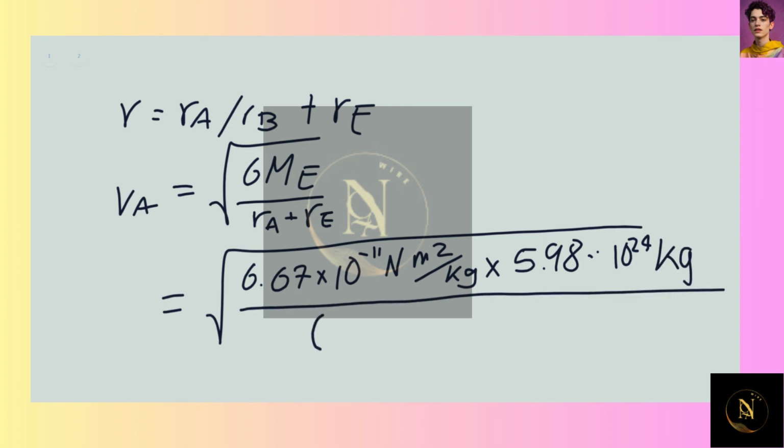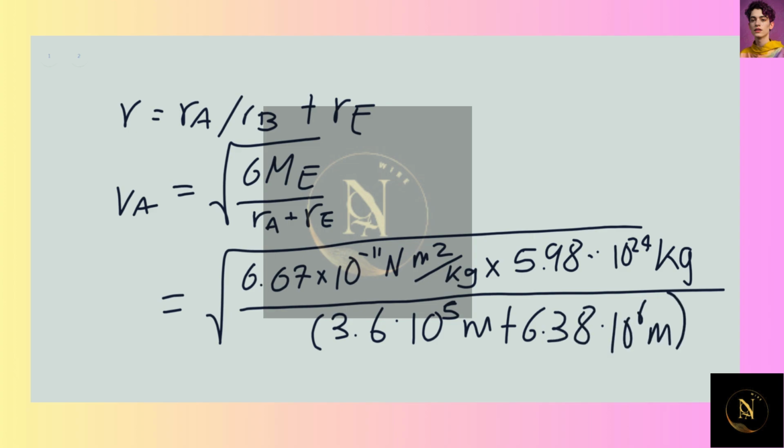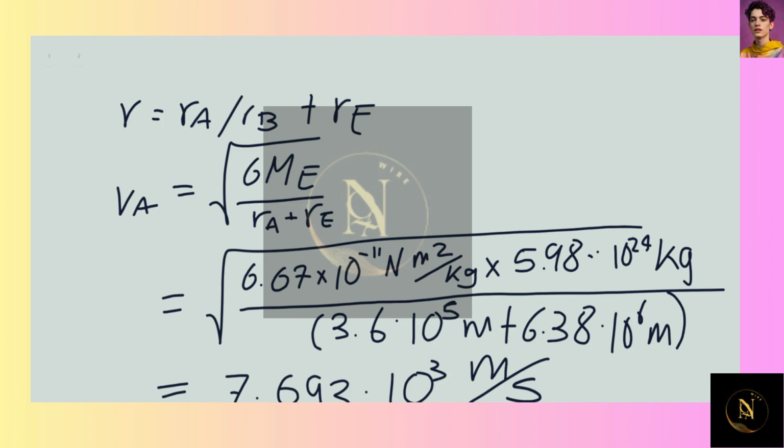And all of that is divided by our total radius, which is 3.6 times 10 to the 5th meters, which is our given radius, RA, but in meters, plus the radius of the Earth, which is 6.38 times 10 to the 6th meters. And that's also a quantity that's given in your textbook. When we plug into this, we find that the velocity of our first satellite, satellite A, is 7.693 times 10 cubed meters per second.